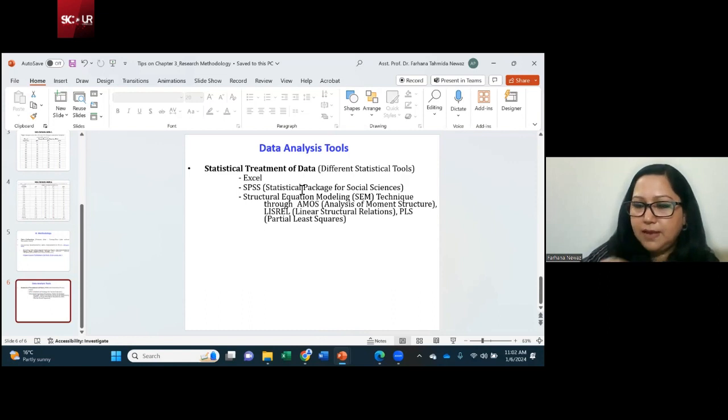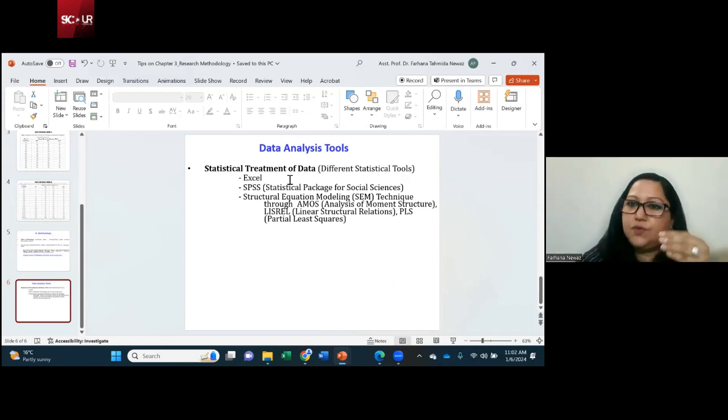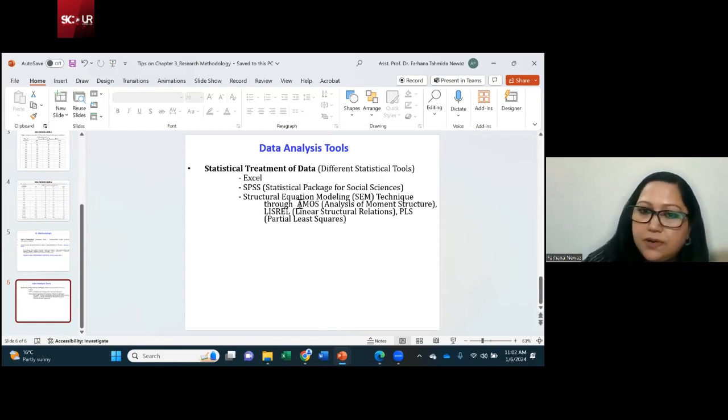SPSS is the very basic one, but if you'd like to use a bit more advanced software to analyze your data, you can use structural equation modeling, that is called SEM. In order to do SEM, you can use either AMOS or PLS. These are the two most commonly used, bit advanced level software, AMOS and PLS.